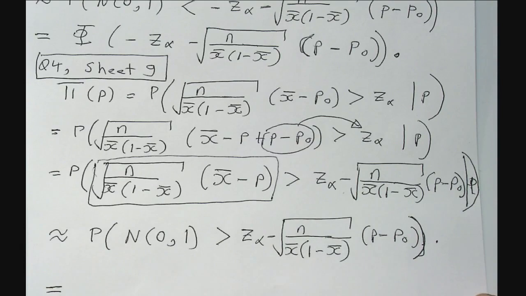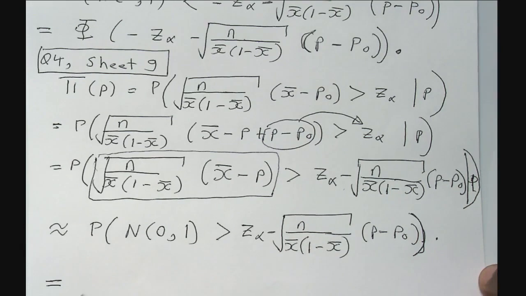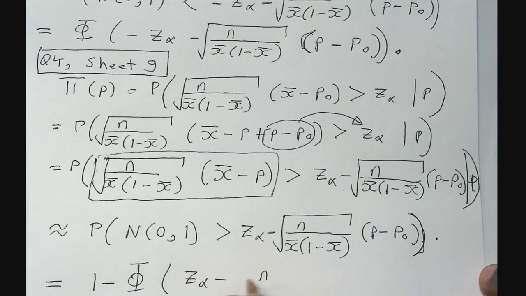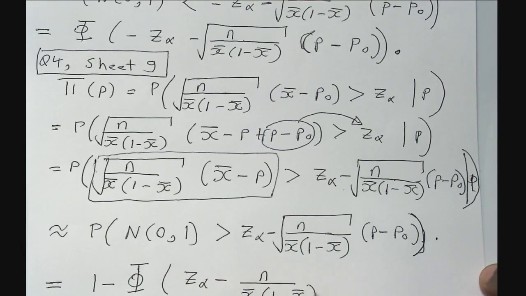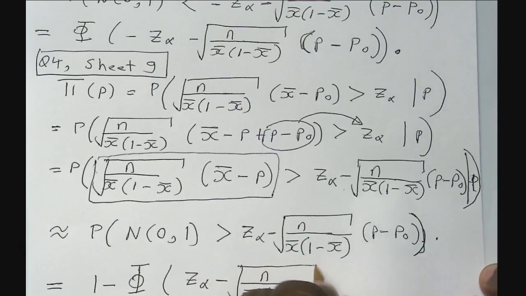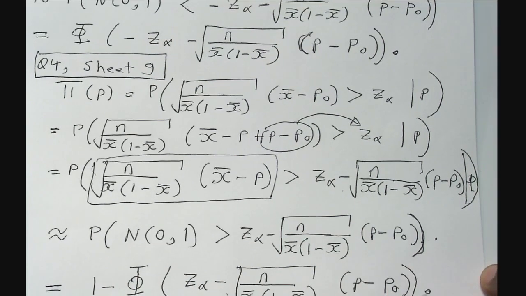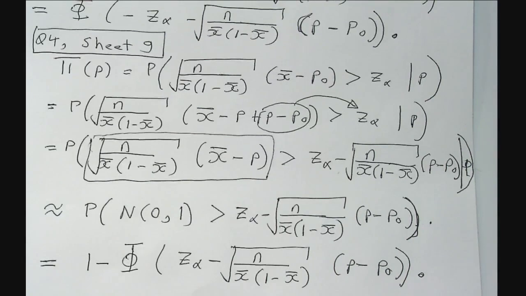Now finally, you can leave it like this, but if you prefer, you can rewrite this as 1 minus phi at this. Alright guys, so this is question 4.